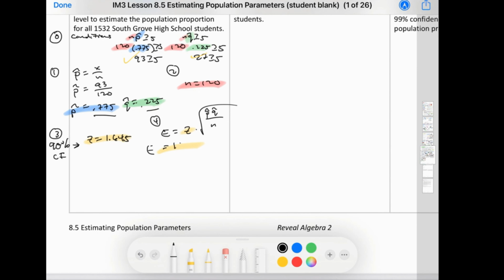E equals 1.645 times the square root of p hat, q hat, divided by n.